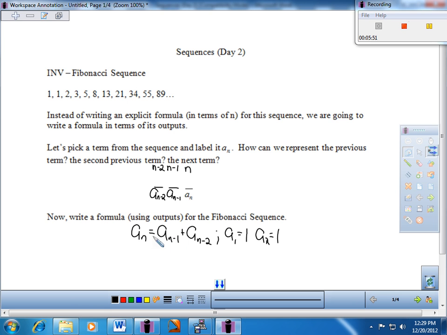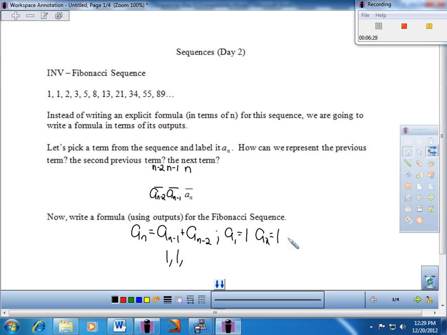This wouldn't get you started because you don't know the value of the previous term or the value of the second previous term. So I come over here and I say, all right, the value of the first term is 1. Now this says to get any term, I add the 2 previous ones. I'm not there yet, so I need another foundation. And so I know the second term is 1.